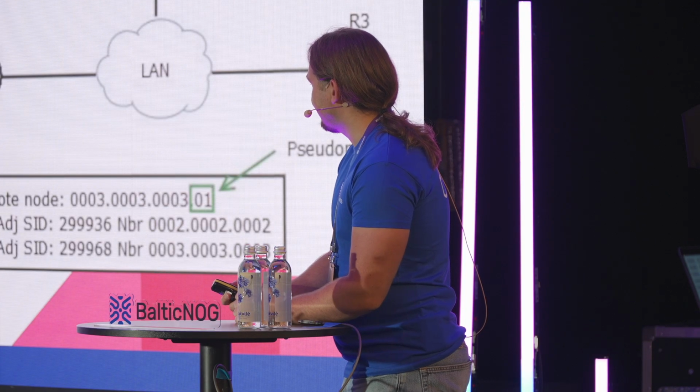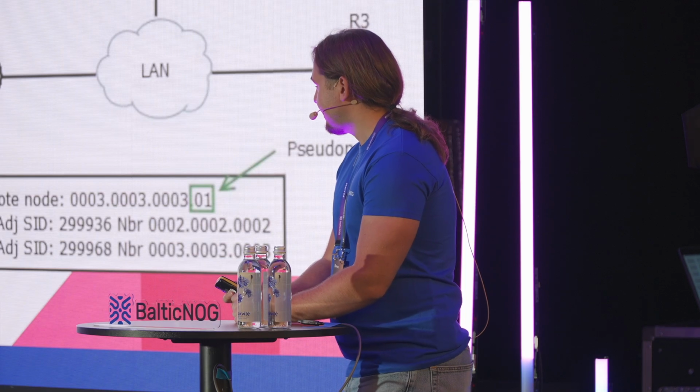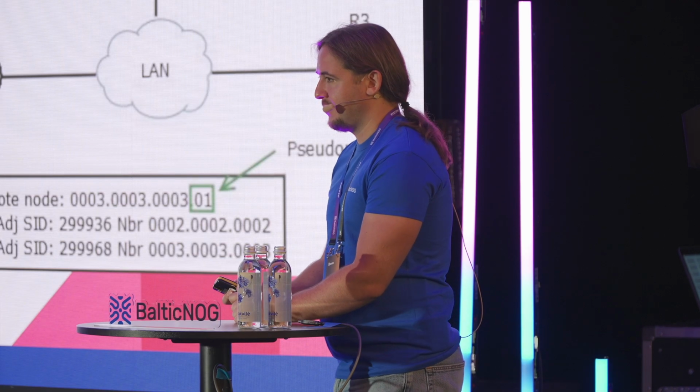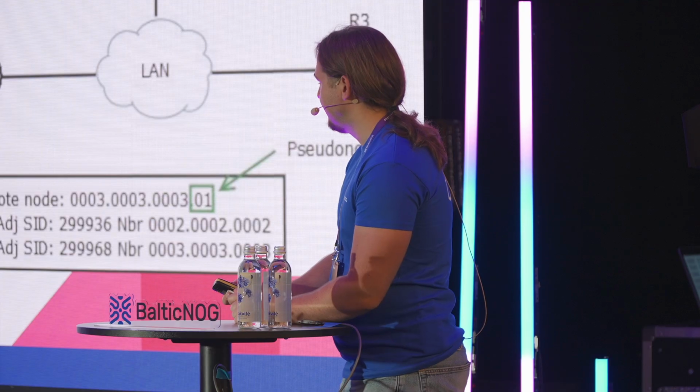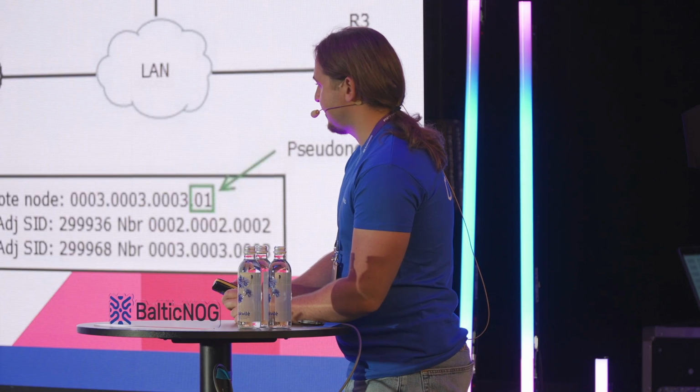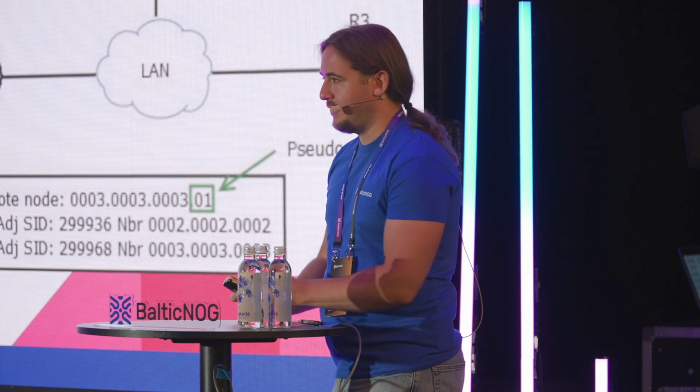Broadcast links. So with ISIS and OSPF, it's possible to have more than 2 routers connected to a network segment, like multiple routers on the LAN connected to a switch.